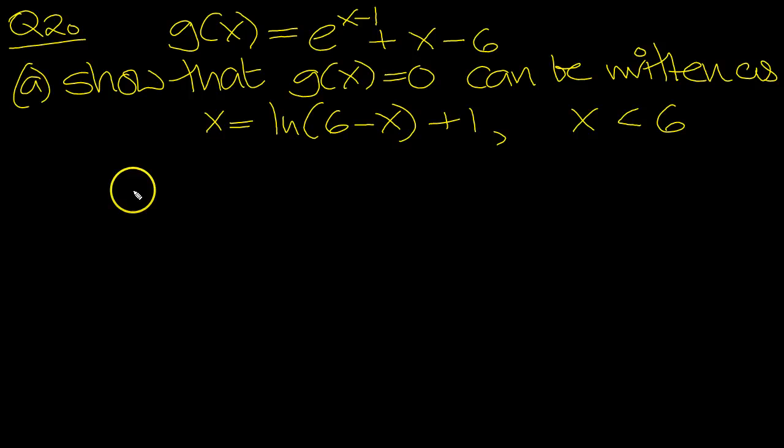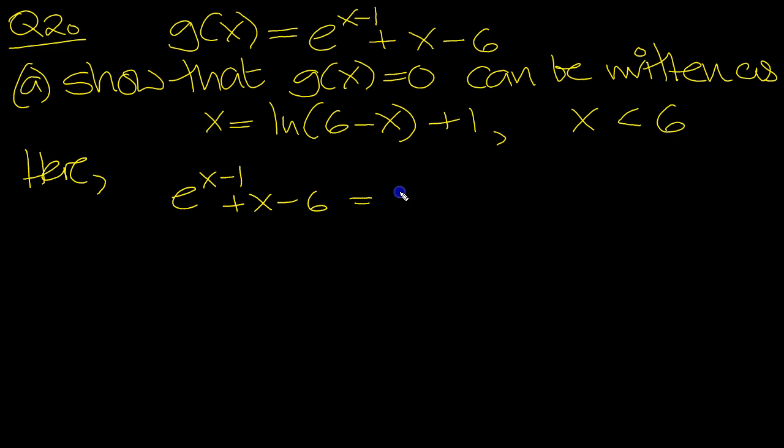Okay, g of x equals 0, so here then e to the x minus 1 plus x minus 6 is equal to 0. Okay, so move this over the other side.